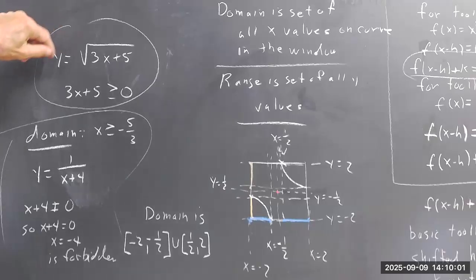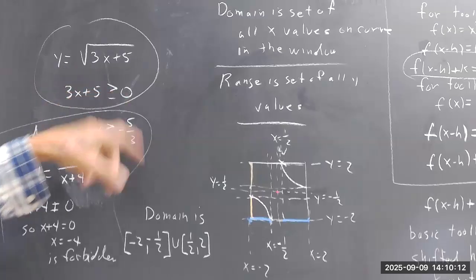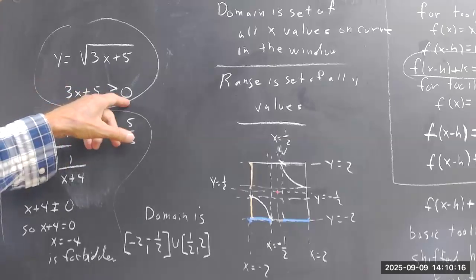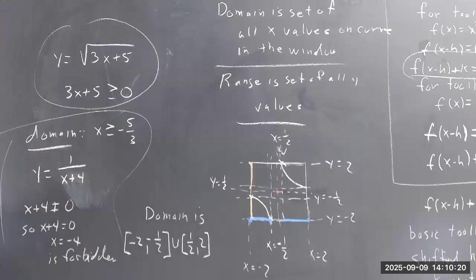Okay. So if you have y equals square root of 3x plus 5, 3x plus 5 can't be negative because you can't do the square root of a negative. So 3x plus 5 has to be greater than or equal to 0. You solve 3x plus 5 greater than or equal to 0, you get x greater than or equal to -5/3.